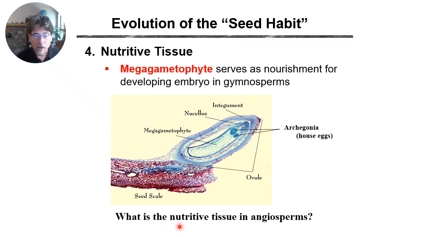What we're going to find is that in the angiosperms, they adopted a very different mechanism for producing nutritive tissue, and this mechanism is thought to have been one factor in accelerating the life cycle that we find in most angiosperms, which have a much shorter life cycle than gymnosperms.